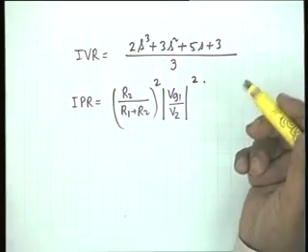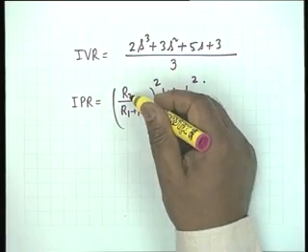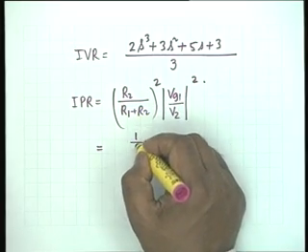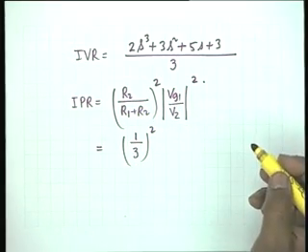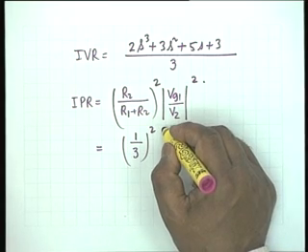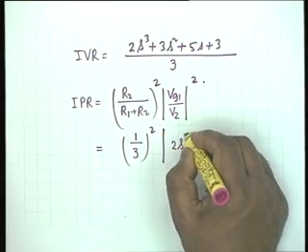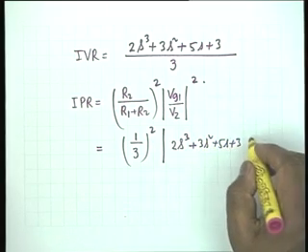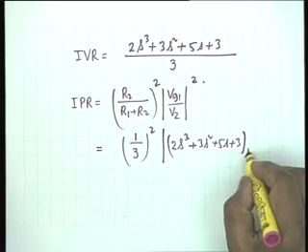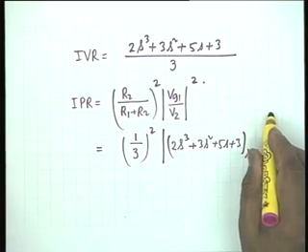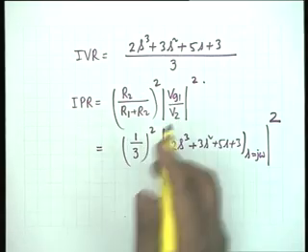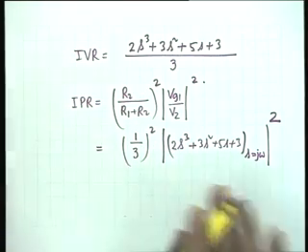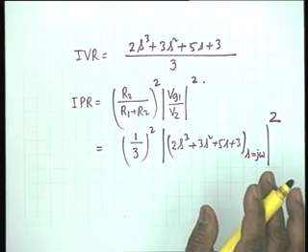Now V2 by Vg1 we have already found out, and I know R2, I know R1, and therefore this is simply R2 is 1 by 3 whole squared multiplied by magnitude of 2S cubed plus 3S squared plus 5S plus 3 under the condition S equal to j omega, magnitude squared, Vg1 by V2 magnitude squared. Okay. Is that all right? We leave this simplification.